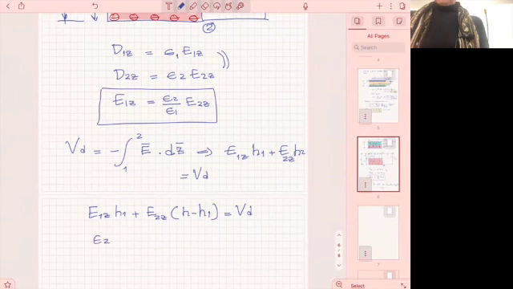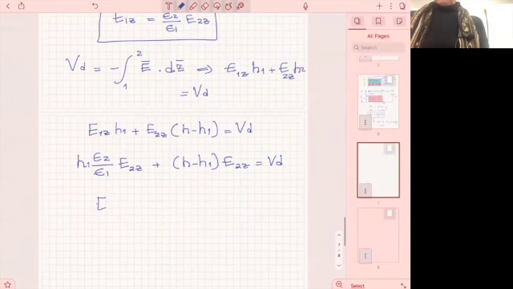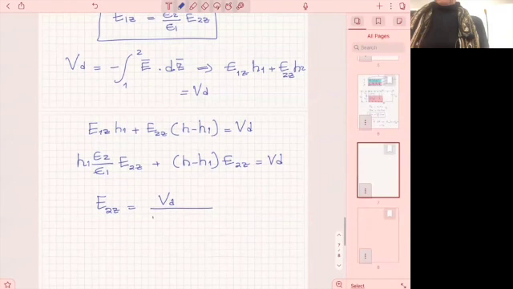It is epsilon 2 over epsilon 1 E2Z. So epsilon 2 over epsilon 1 E2Z H1 plus (H minus H1) E2Z equals V sub D. And then from here, we have that E2Z equals V sub D, and underneath it, H1 E2 over E1 plus H minus H1. Okay, so we have this.